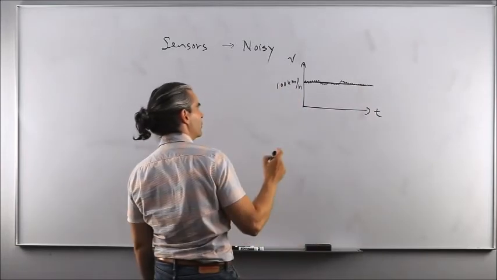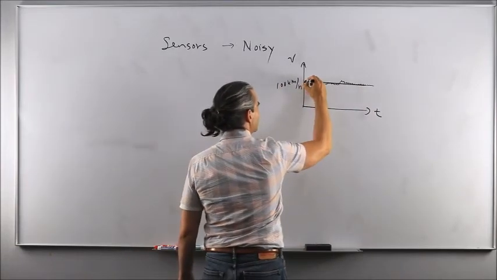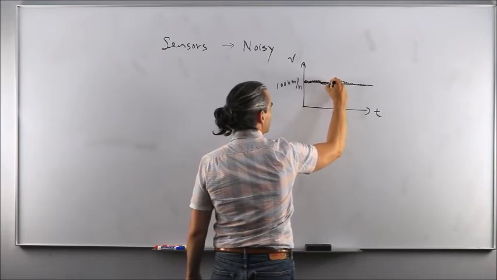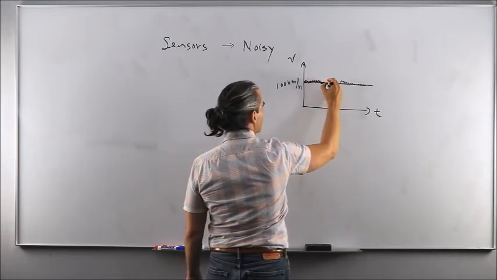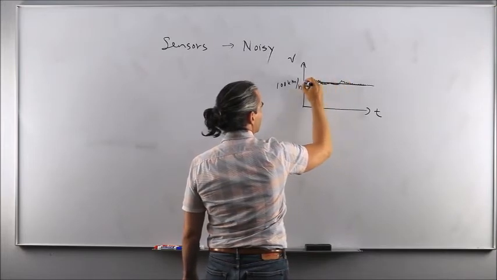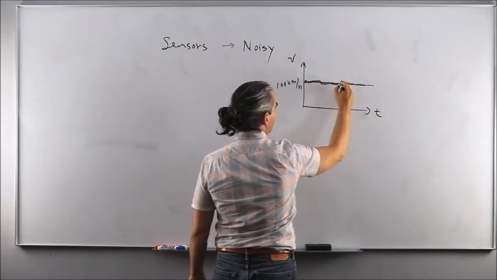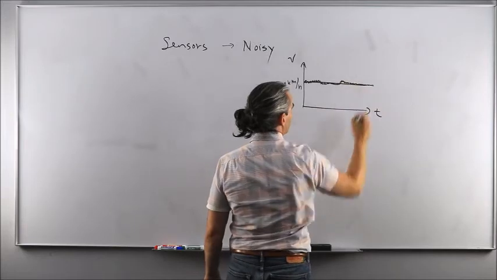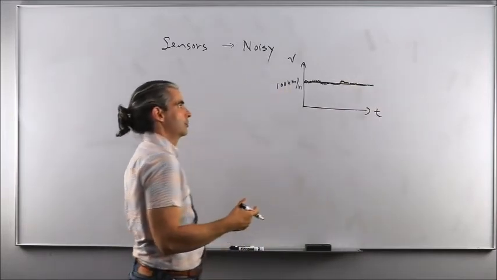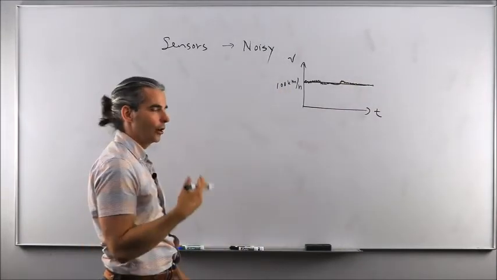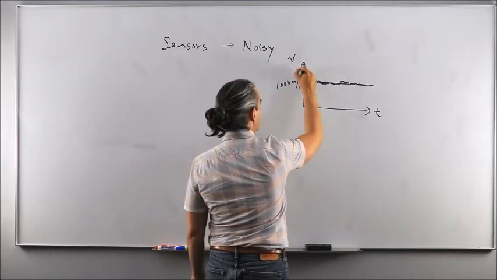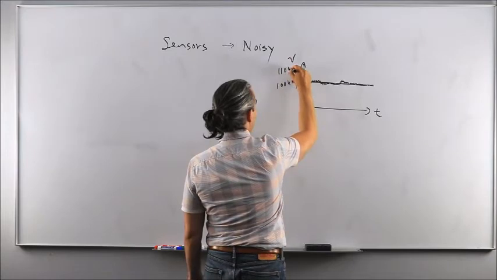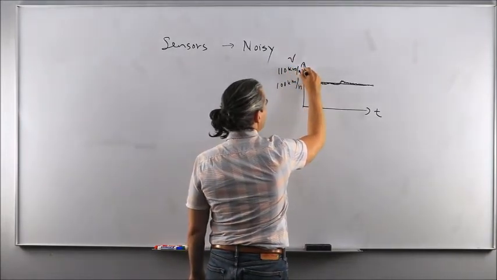And therefore the controller, which only has access to the noisy signal, will think at some point that you're going a little bit slower than 100 kilometers an hour, but in reality the car was at 100 kilometers an hour. So the controller signal, which would be the desired acceleration to be imparted on the vehicle to make sure that you reach the set command of 110, will be slightly inaccurate.